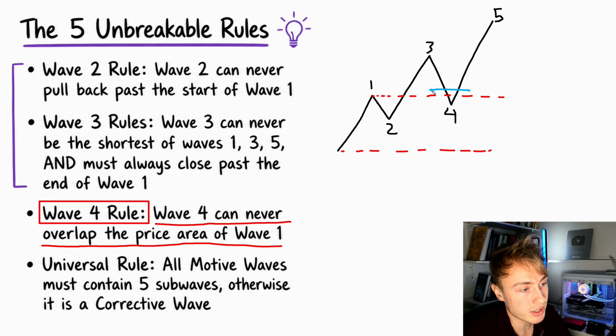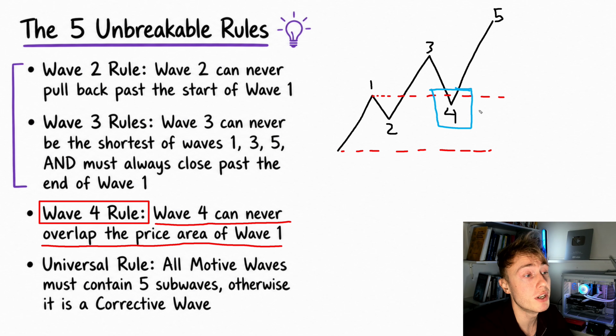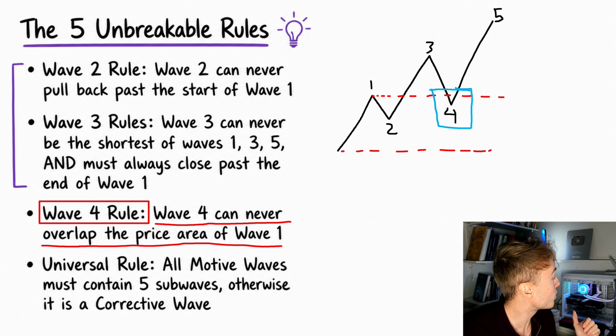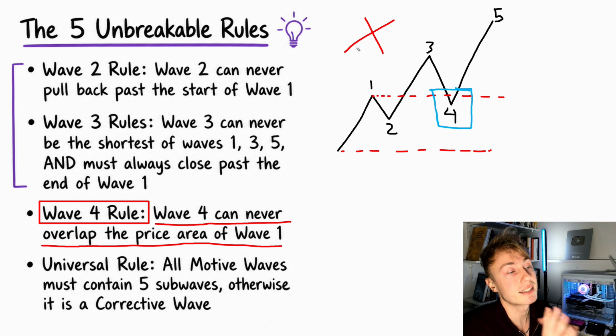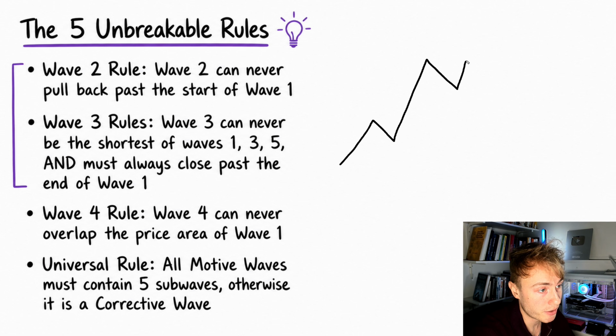In this case, you can see that wave 4 actually dipped into the area of wave 1. So this means that we broke the rule and this is not a valid count. To not break the rule, we need to have something that looks like this. We have 1, 2, 3, 4, 5.